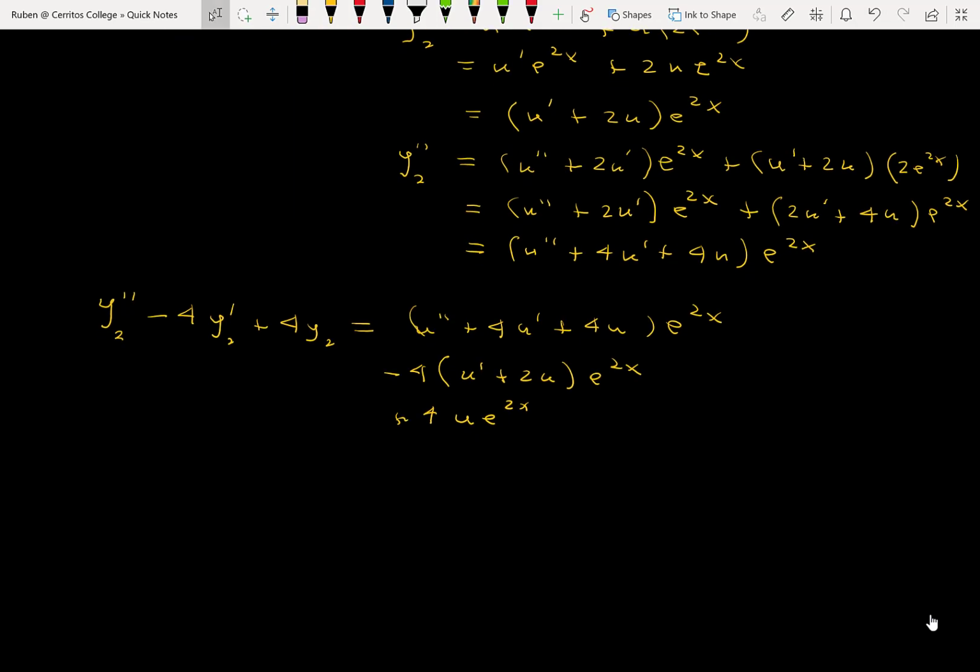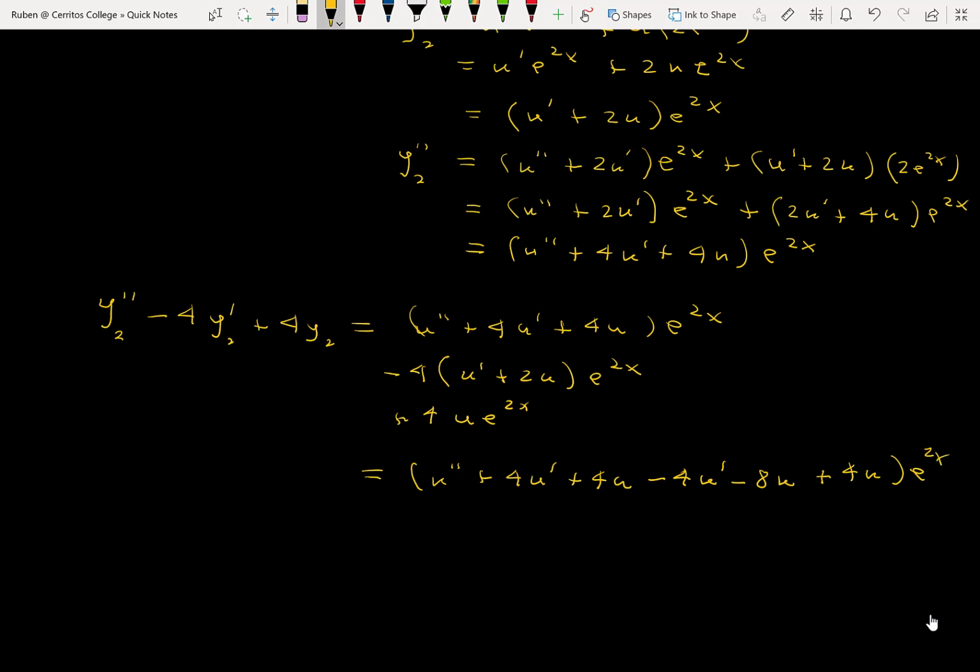So factoring out the e to the 2x, we get u double prime plus 4u prime plus 4u from y2 double prime, and then from the y2 prime term, we get minus 4u prime minus 8u, and then also from the 4y2 term, we get plus 4u, all times e to the 2x.